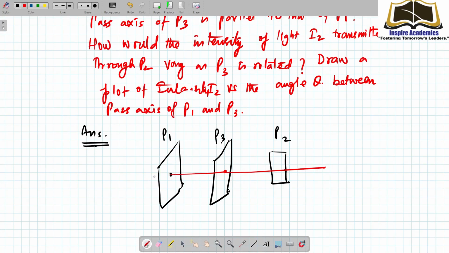So here you will have polarized, and here also you will have polarized, but here because it is 90 degree, यहाँ आउटपुट तो नहीं मिलेगा आपको, राइट. सो P2 का आउटपुट क्या लिखें यहाँ I2, और P3 का आउटपुट क्या लिखें यहाँ I3, और P1 का आउटपुट क्या लिखें I1, ऐसा लिख ले.